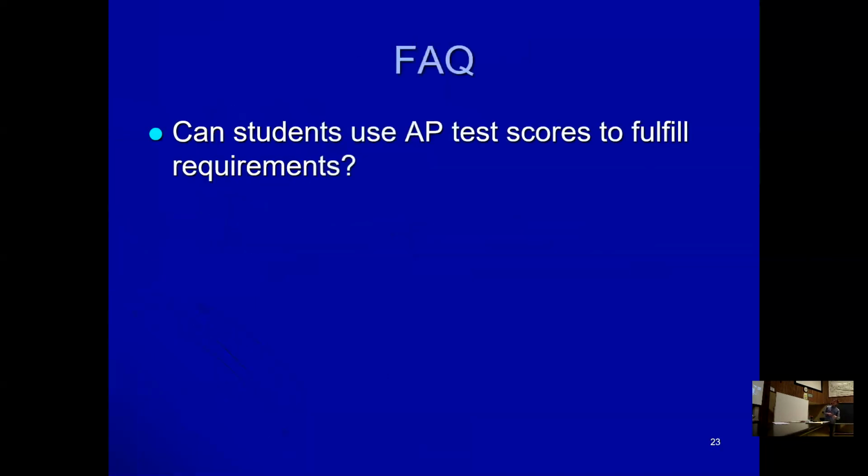Oh, sorry, question. Counselor, can you repeat what you just said about that California Promise? So it's called California Promise. When you are applying for transfer to a California State University, in the application, it will ask students if you want to apply for the California Promise.